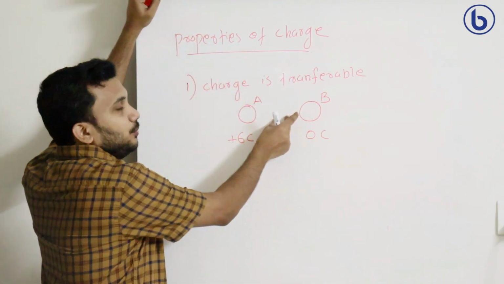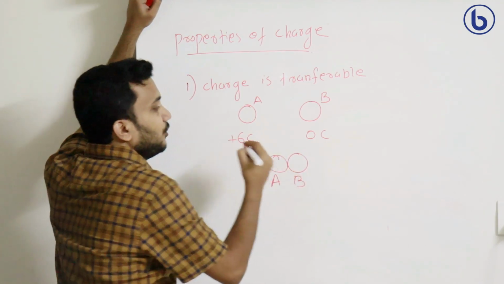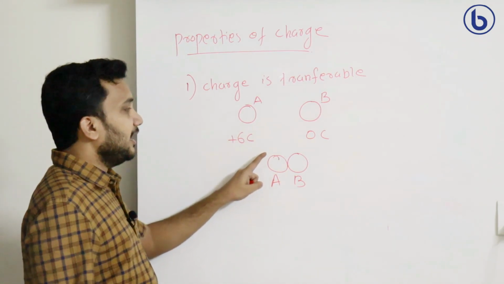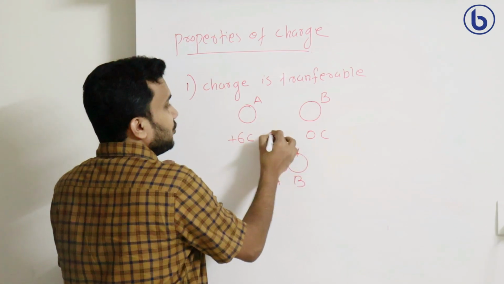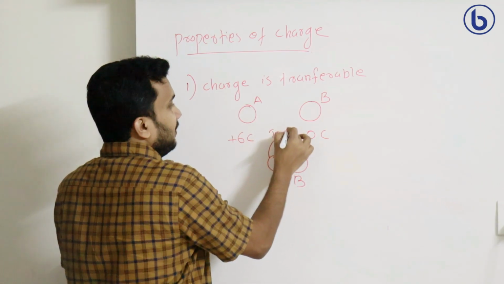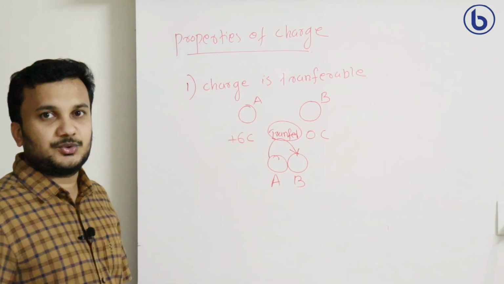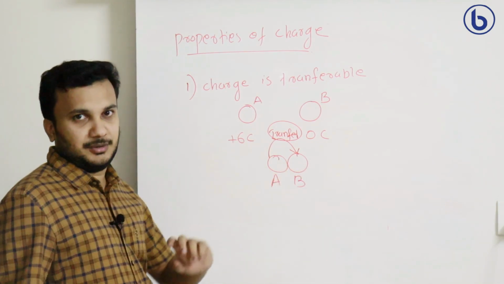So when these two bodies A and B are in contact, what will happen? A has charge, B has no charge, so A will transfer the charge. This is an important term. A will transfer the charges. So charges can be transferred from one body to another body.